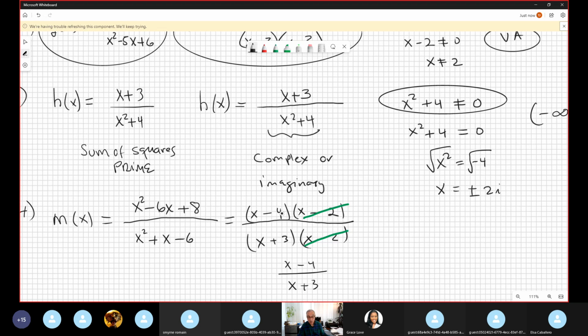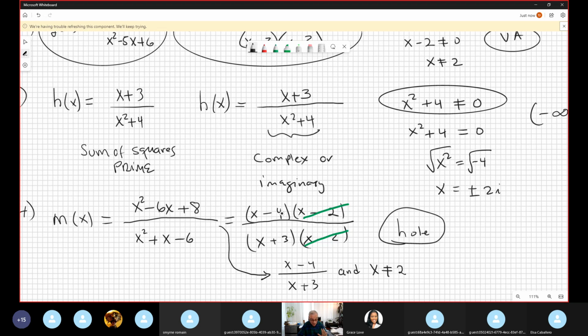Important. The factor that cancels out is a hole. It is undefined. It's totally exclusive inside this. And we get a new reduced equivalent equation to this, but this equation is valid if you consider that x is not 2, because at 2 we have a hole.